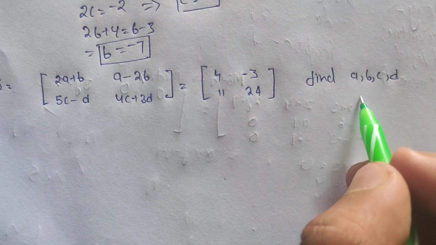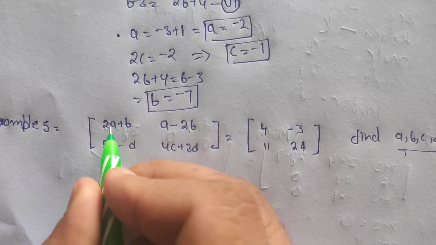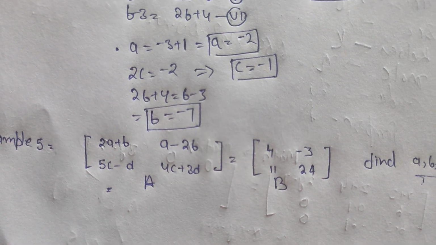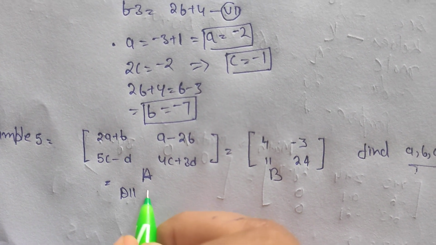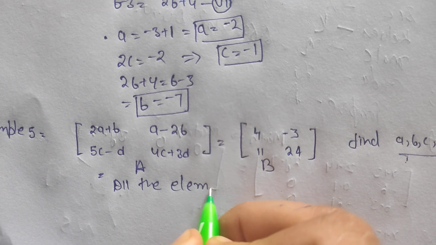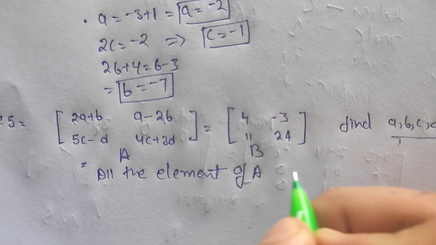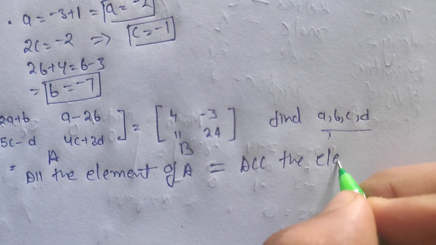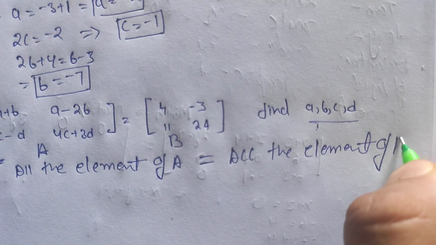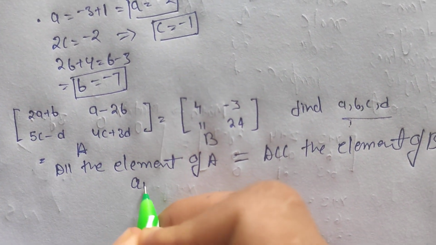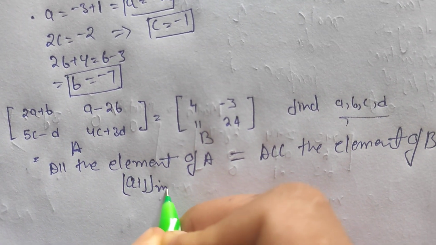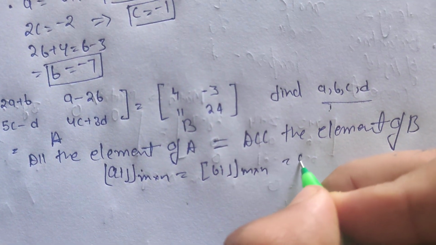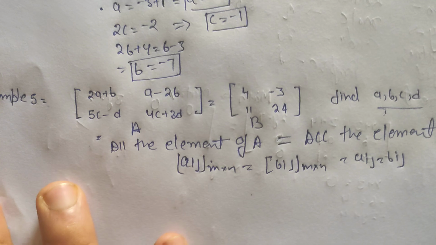Okay, so now I write example number 5, basically question number 2, and here we can ask the question like solve for a, b, c, d. Simple. If the matrix A and the matrix B are equal, then all the elements of A are equal to all the elements of B, that is aij of A, the order must be the same, and bij of B, aij equal to bij, for understanding the concept.